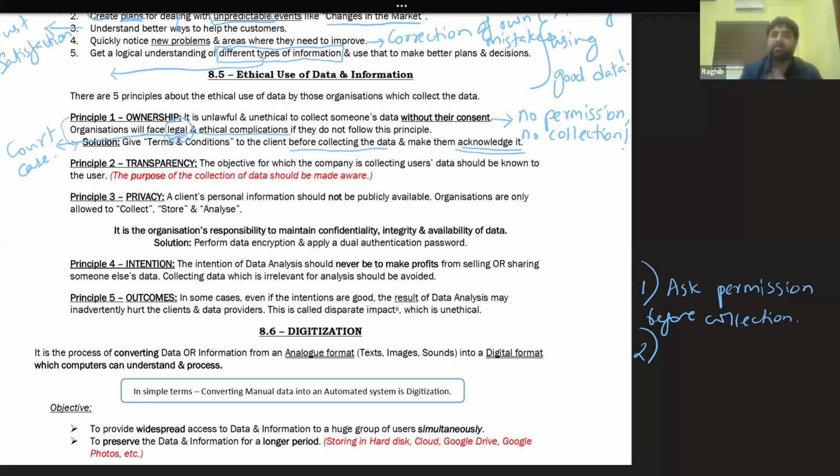Now, the second principle. What is the name of the second principle? It is transparency. Transparency is a state of mind where we say whatever we have in the mind. We do not have any hidden thoughts.